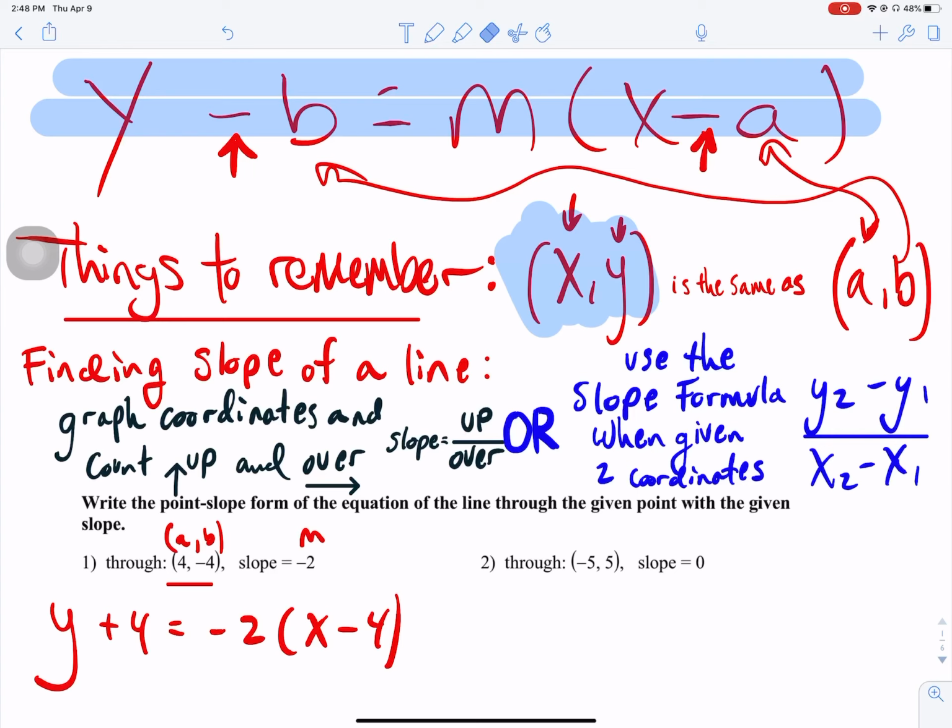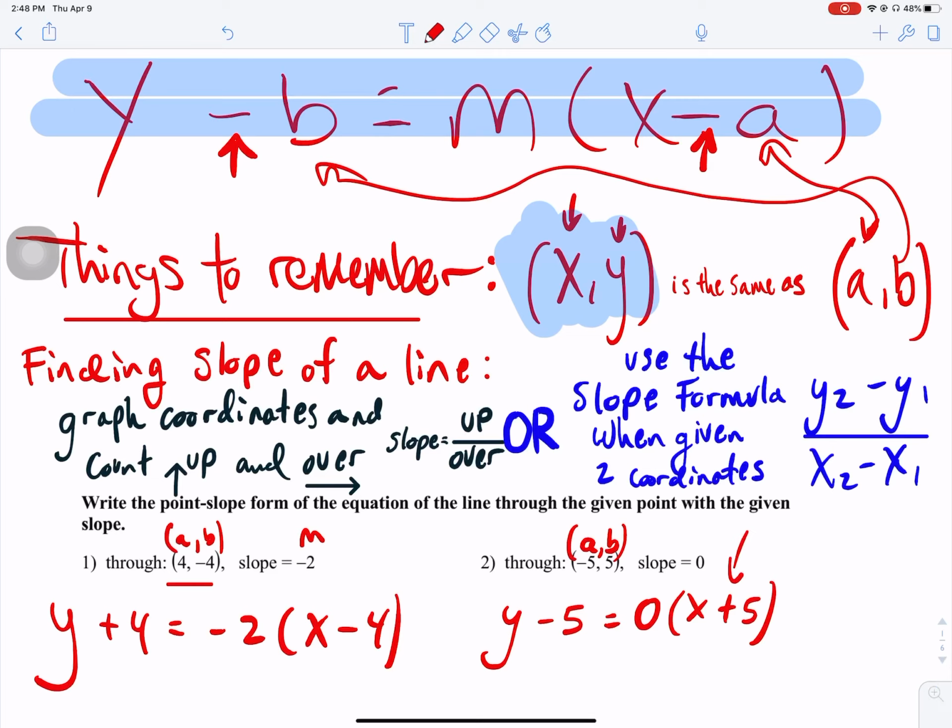And the next one will look like this. Let's see, A, B. So y minus B equals slope times x plus 5.